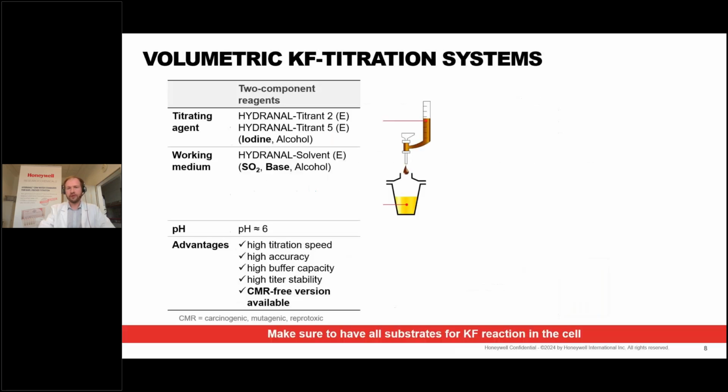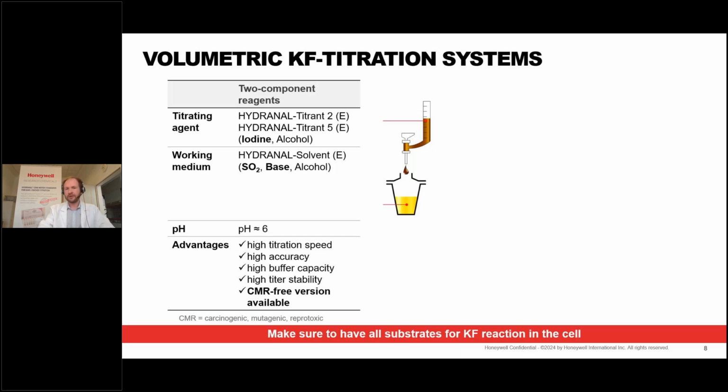You may already know that the volumetric KF titration can be divided into two different titration systems. On the one hand, there is the one component system, and on the other hand, the two component system. In the two component titration system, all reactive compounds like iodine, SO2, and base are separated into two different bottles.